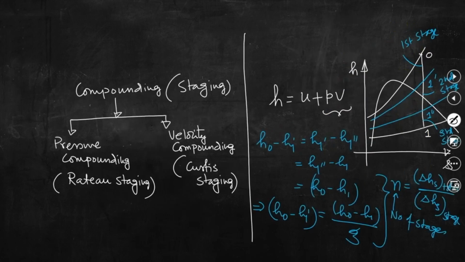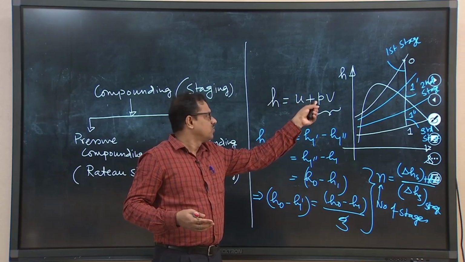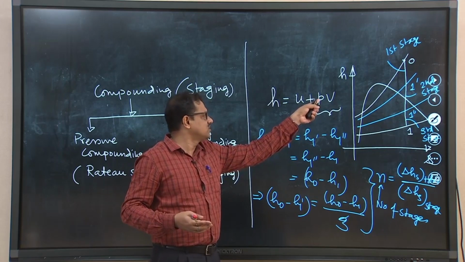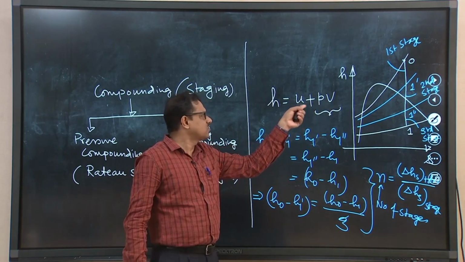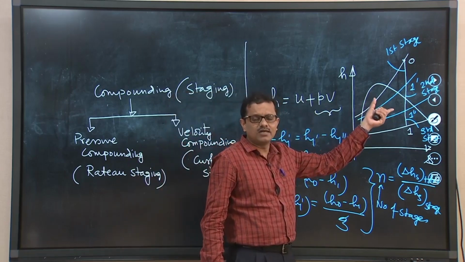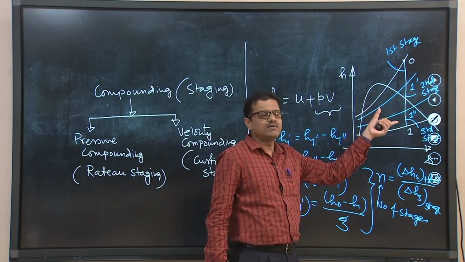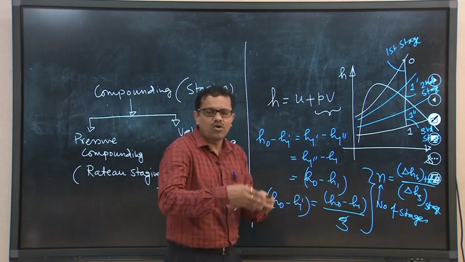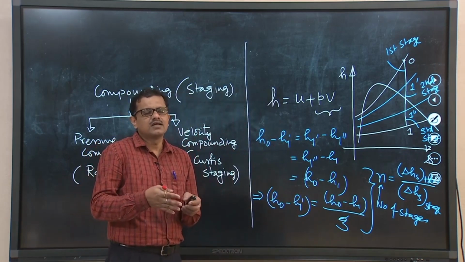So, if we go back to the definition of enthalpy, H is equal to U plus PV, we are not going to have any alteration of U. So, what we are trying to do is alter pressure and velocity in such a way that the drop in enthalpy in a given stage can be altered, keeping in mind that the total enthalpy drop will remain the same.